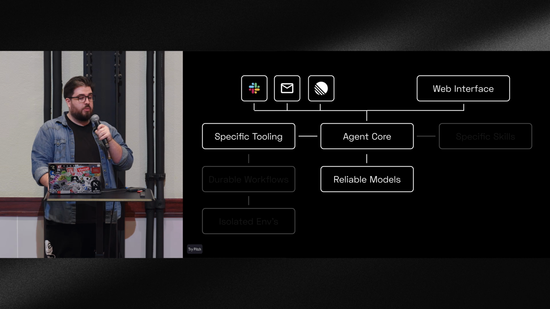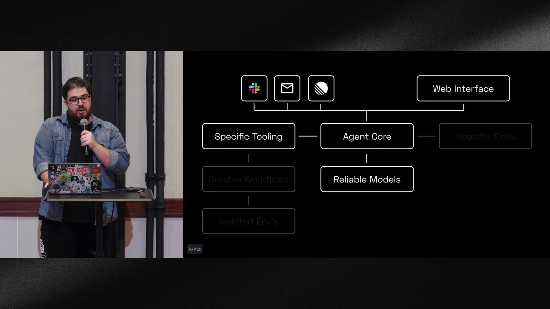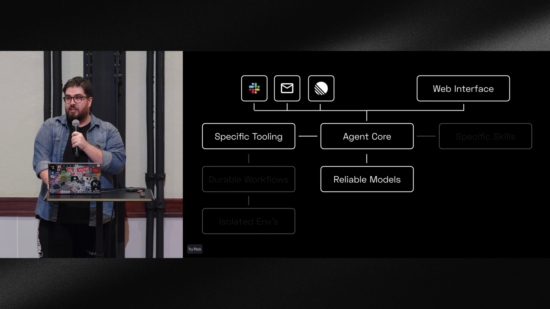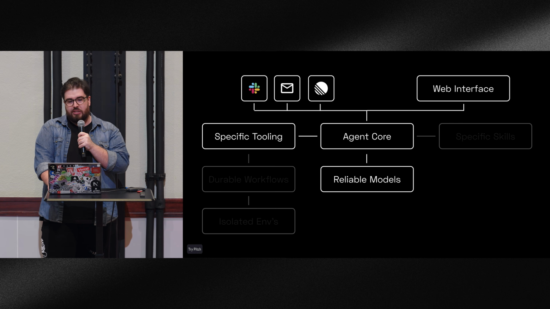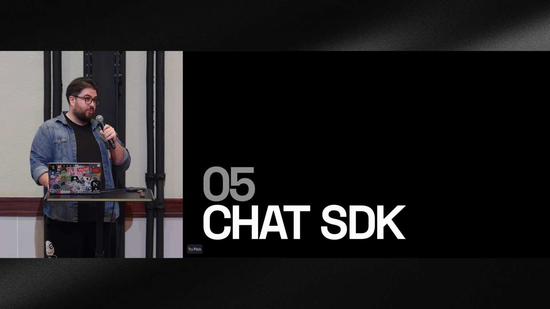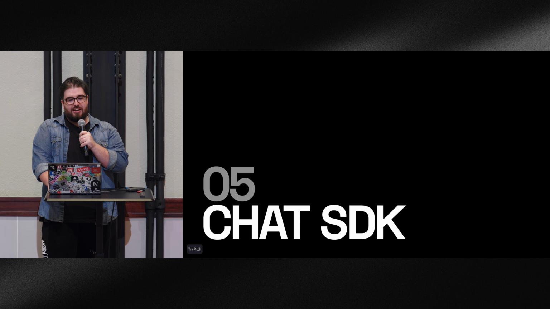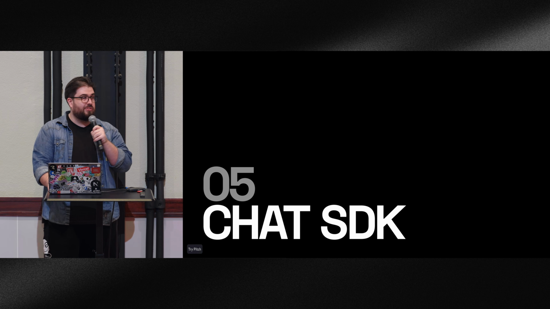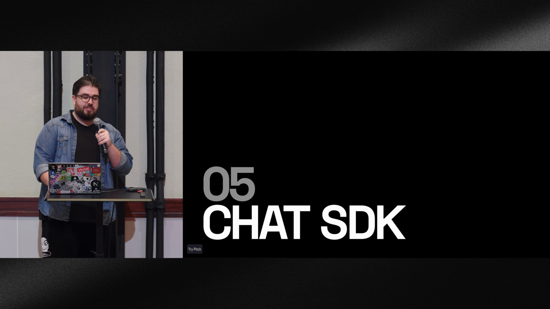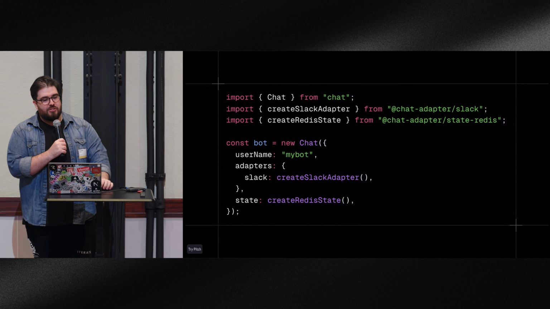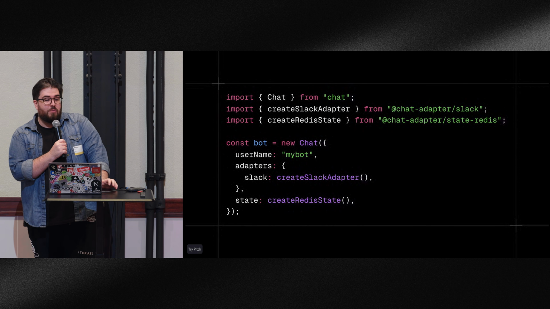I want to talk about the one at the top left now. Most modern AI agents are more integrated into your existing tools like Linear and Slack and Discord and Teams and all that sort of stuff. So for this one, we released the newly minted Chat SDK. I don't know if you've seen this yet. That was my last project at Vercel. The Chat SDK is a unified interface, a message-based system.